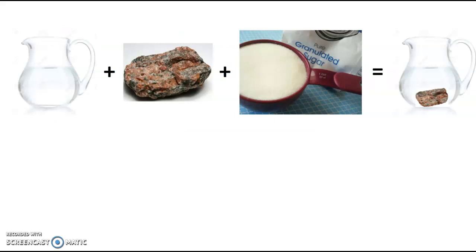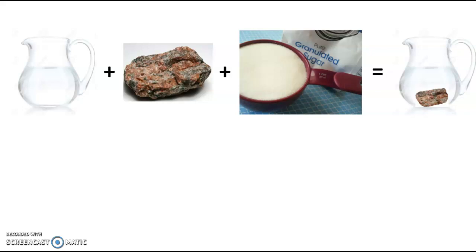Here's another example of a solution that we can consider. This time we have a pitcher of water, we have a chunk of granite rock, and we have a cup of sugar. We're going to mix the rock and the sugar into the water.